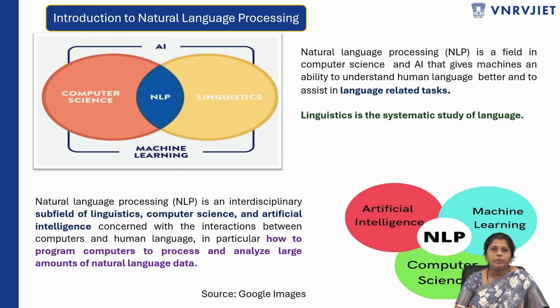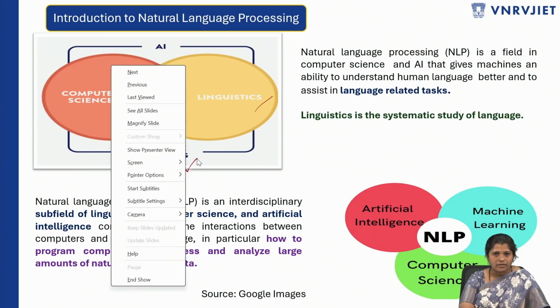First of all, what do we mean by NLP or natural language processing? It is a methodology, a technique associated with linguistics and how computers are able to interact with humans with the use of AI and ML methodologies.